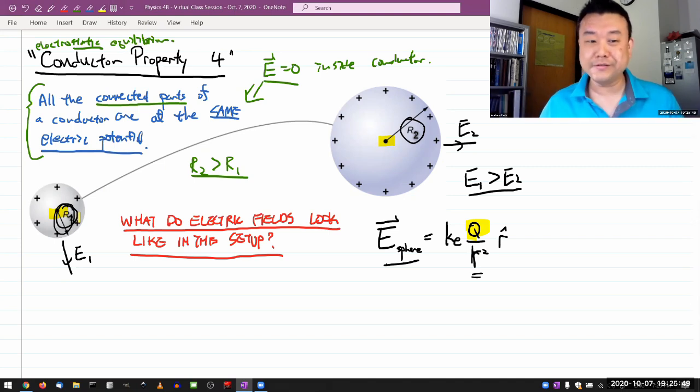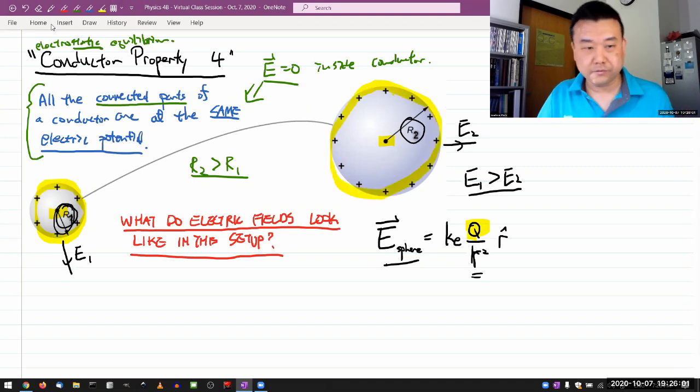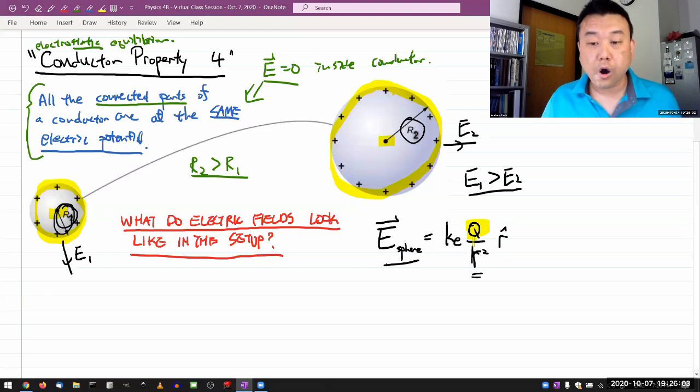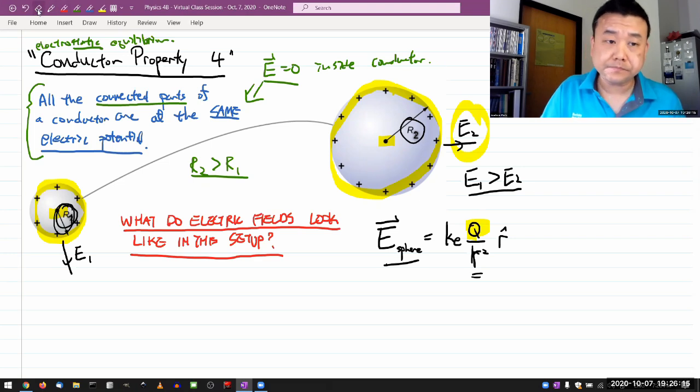So it shouldn't surprise you that the amount of charge that's on this smaller sphere is not the same amount of charge as on this larger sphere. Then you might now go the other way too much, where you say, oh, so this larger sphere, it probably has more charge. So because it has more charge, the electric field here is going to be greater. Maybe it could be. It turns out not to be.